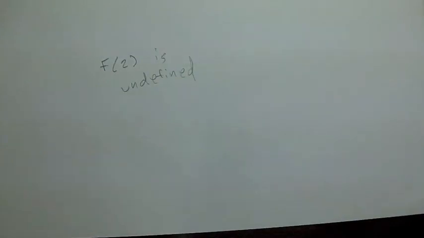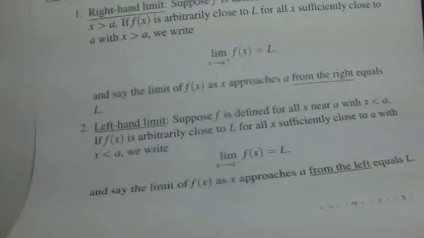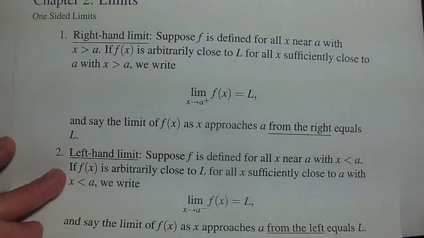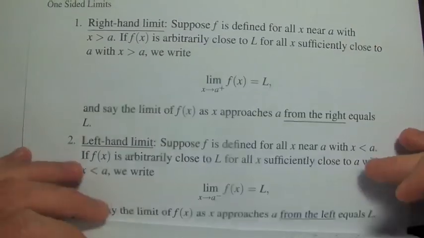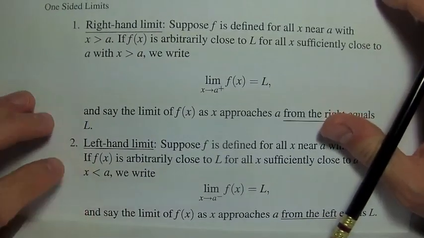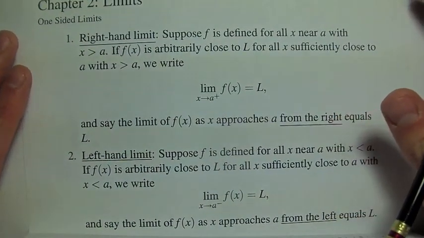So this idea of checking from the left and right, well, we can actually define our limits on the left-hand side and the right-hand side. Here's the official definition, right? I'll just leave that up here for a second.